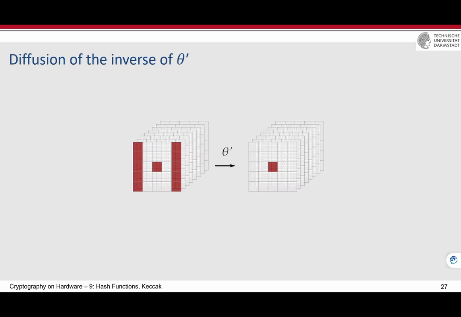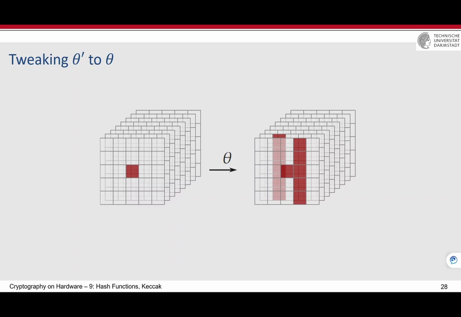Now the theta prime was not perfect. The diffusion of the inverse of theta prime looks something like this. Again, from the symmetric cryptography perspective, this is important. Then it was tweaked, and it says, let's do it like this: if you have one single bit change here, then it is applied on this slice and the neighboring slice.